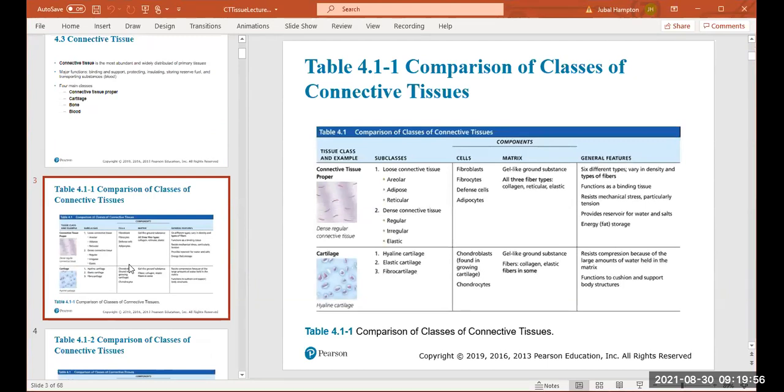All right. The chart up on the screen shows us the comparison between all the tissues we're going to discuss here: areolar, adipose, reticular, dense regular, dense irregular, and elastic tissues. The cell lines are also present: fibroblasts, fibrocytes, adipocytes.